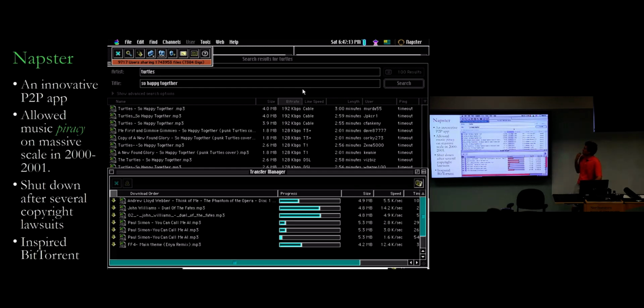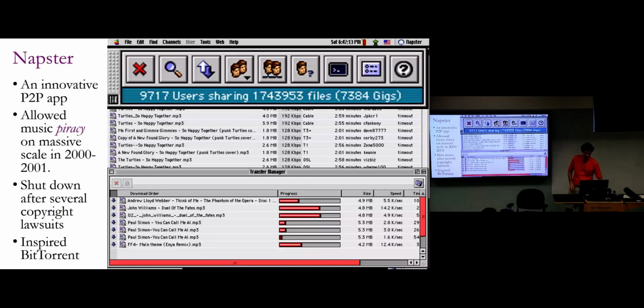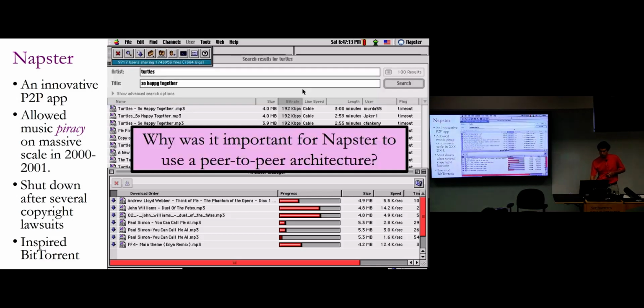Basically, it allowed people, usually on college campuses, to share the files that they had on their own computer, MP3 files. MP3 was a new thing at the time, and others could look up files they wanted to find, and you could see at any given time, at this time there are 9,700 users online, and they're sharing 1.7 million files, 7 terabytes of files.